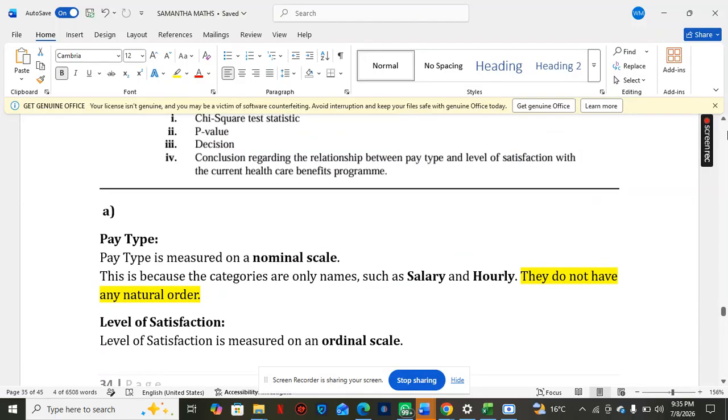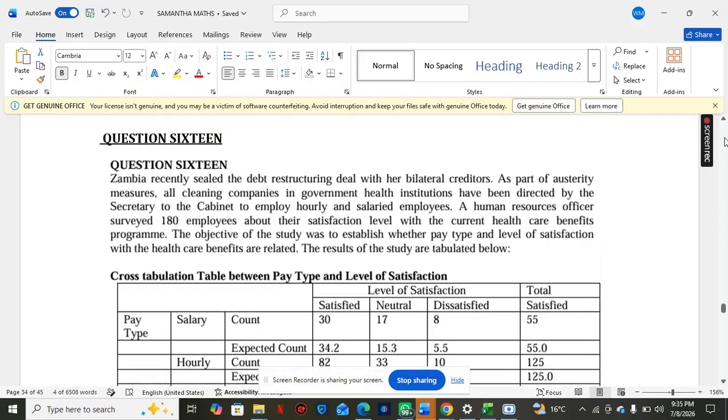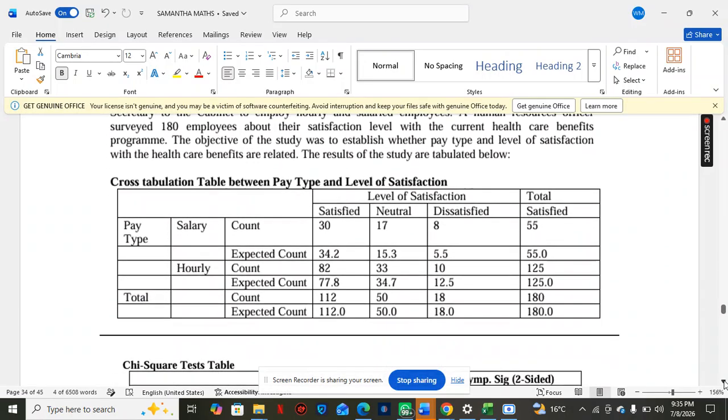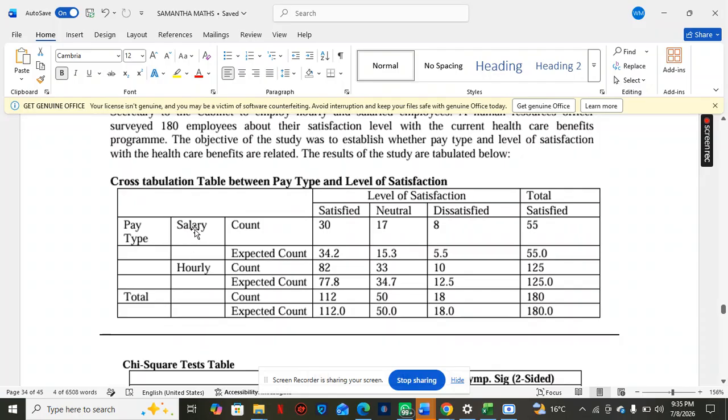But with a nominal scale, there is no ranking. Have you seen pay type, salary, hourly? There's no ranking between these things here. You can't say one is greater than the other. But level of satisfaction, there is a ranking. Any questions, colleagues, before we go to part B?